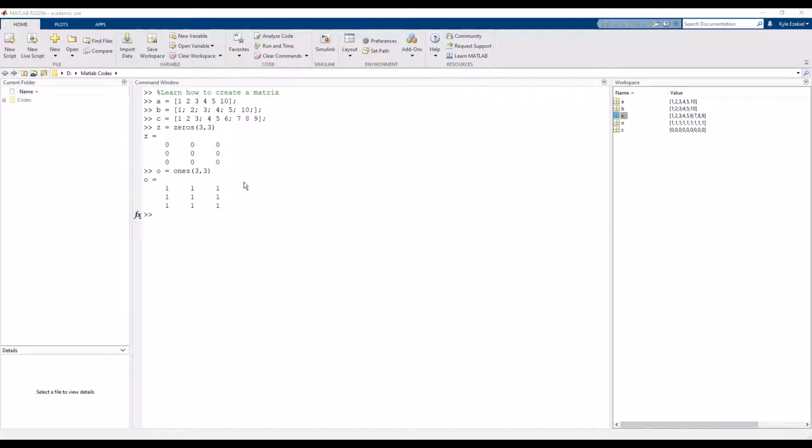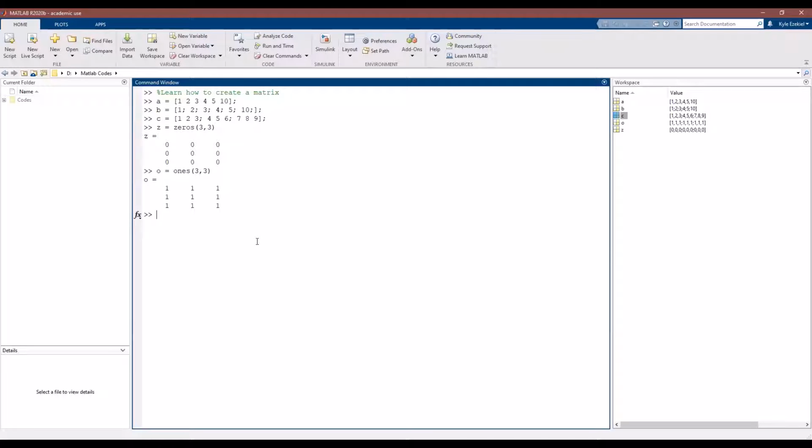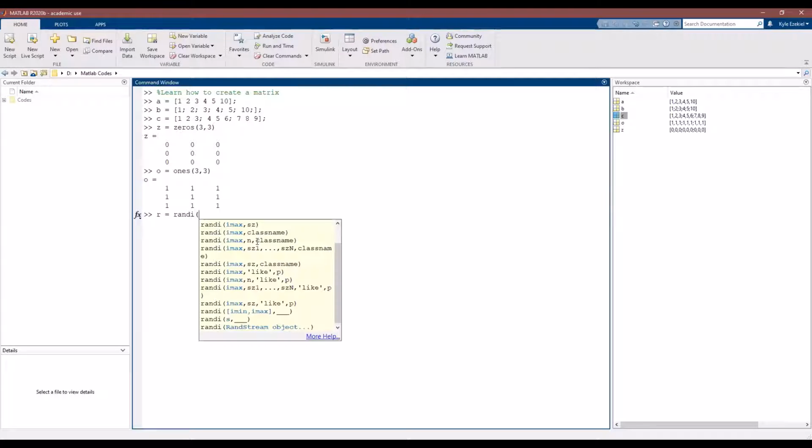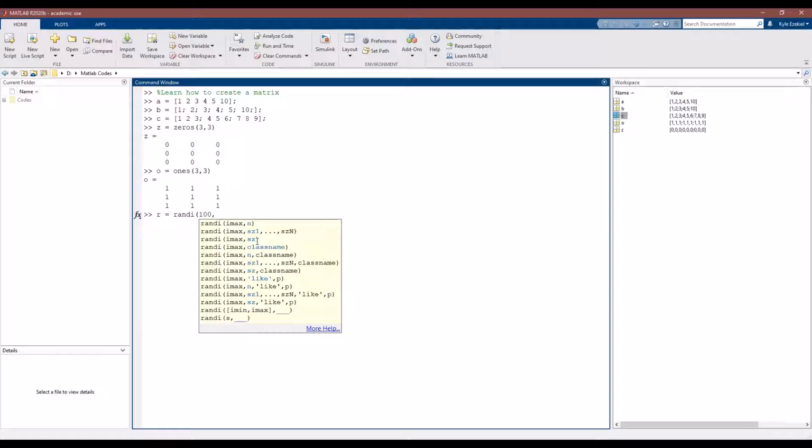If you ask whether I could create random numbers, if you remember our lesson, we used randi. Here is the maximum number, let's say 100, then the size of the matrix.